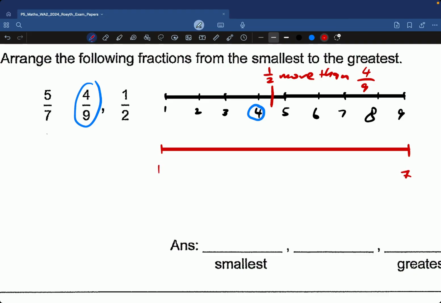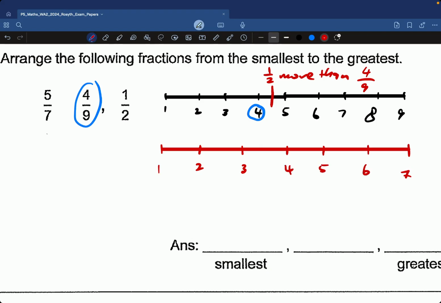So the middle point roughly is, I would say, 3.5. So you have 1, 2, 3, 4, 5, 6, and 7.